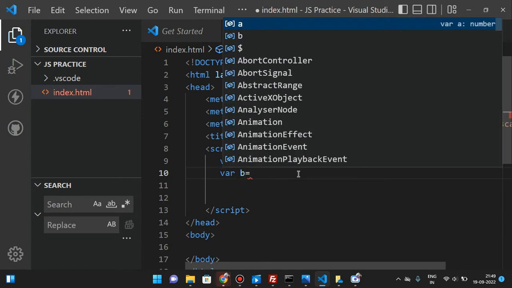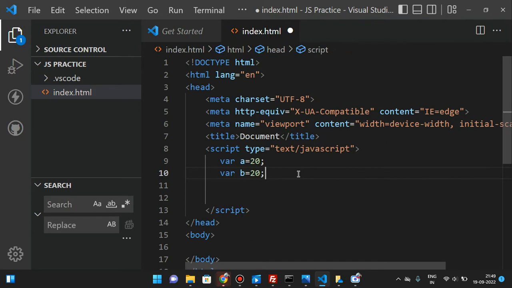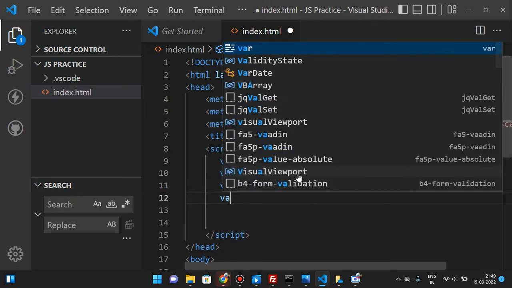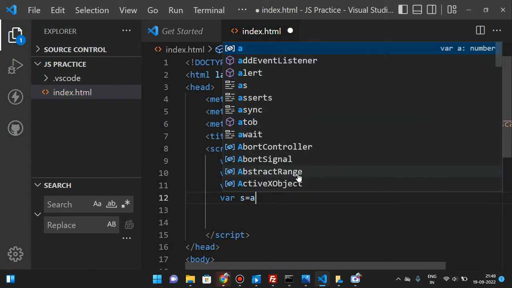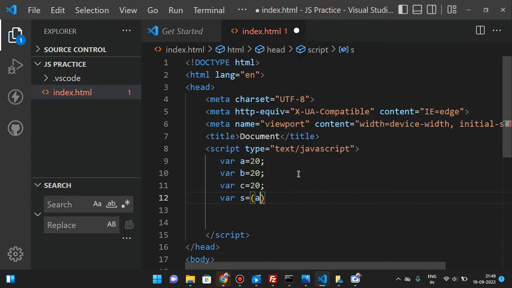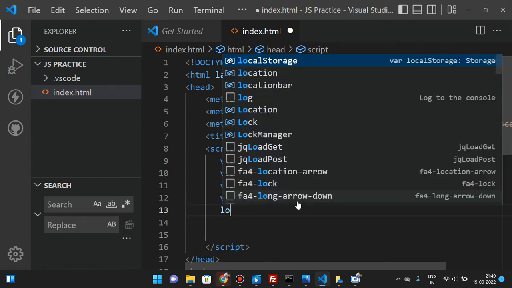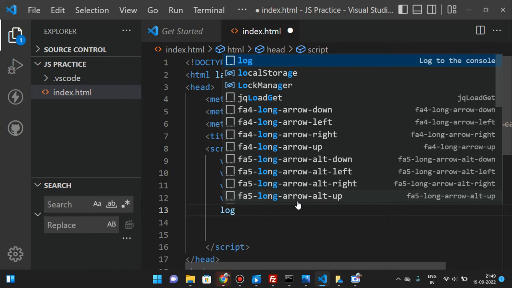Variable B and C. And variable S. A plus B plus C divided by 2. And print the value of S.